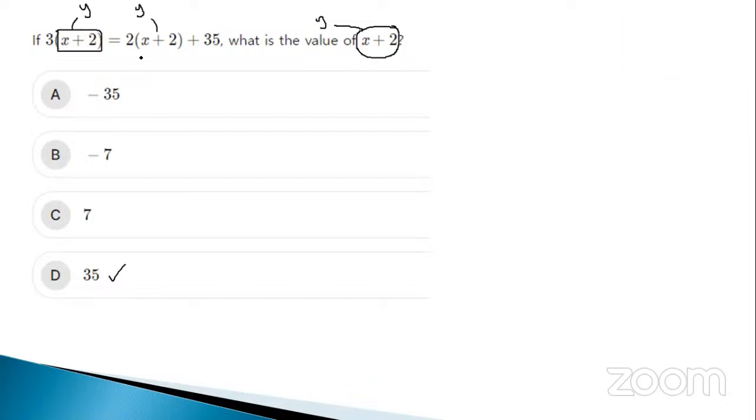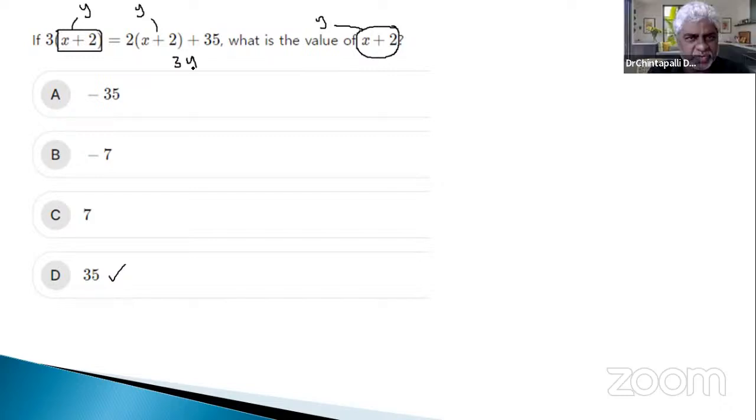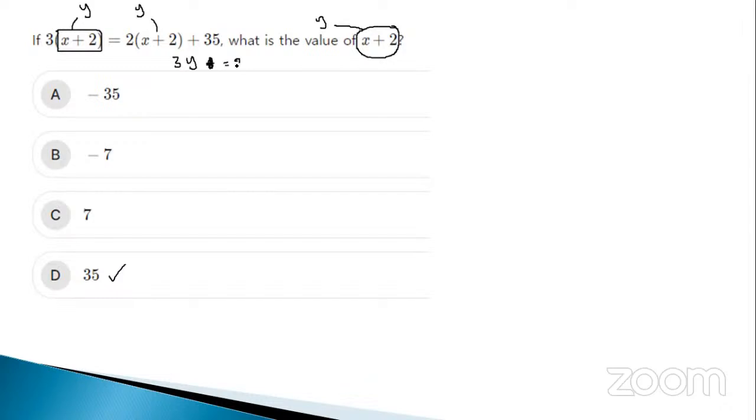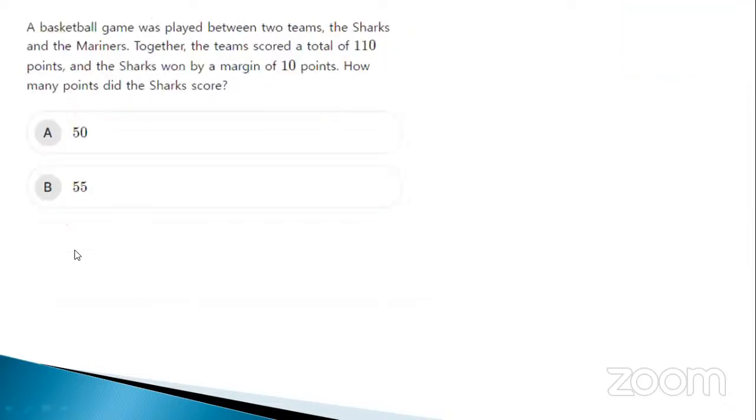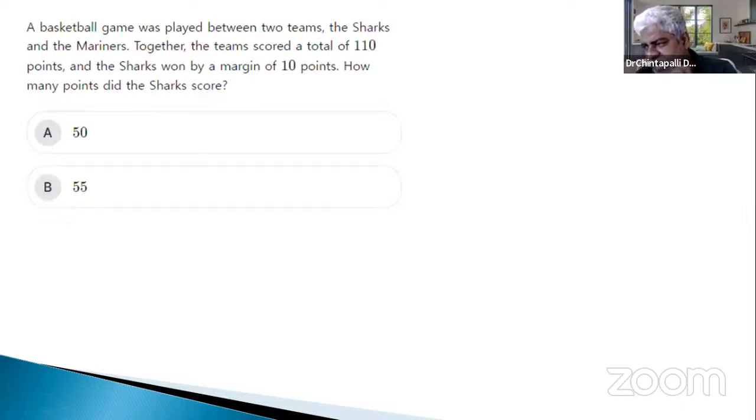So now 3y is equal to 2y plus 35. Y equals 35. So x plus 2 equals 35. Simply y is equal to 35. Very good, Rani. Your answer is right.